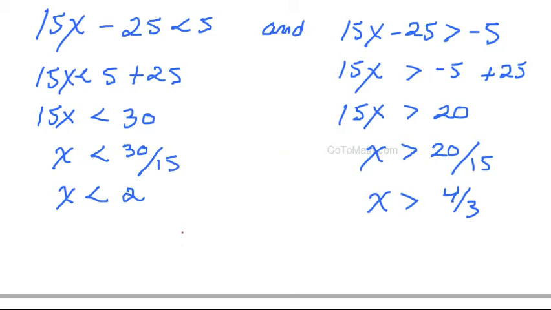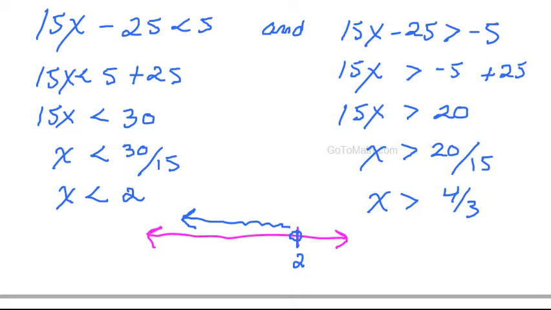So now let's go over here, draw a number line, and let's see what we got. Well, I'm going to plot 2 here on the number line, and let's actually use blue. And of course, look at here. We use an open circle, and we'll do this up here on the top. So that's everything to the left of 2. Now what is 4/3? Well, 4/3 is less than 2, right?